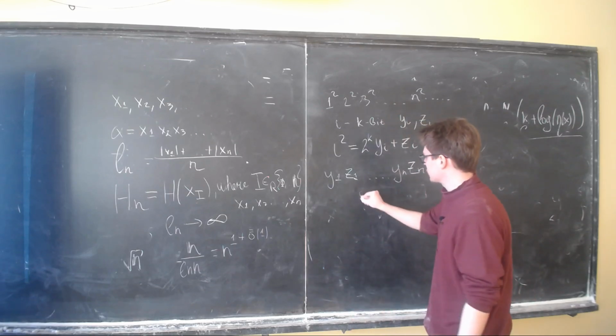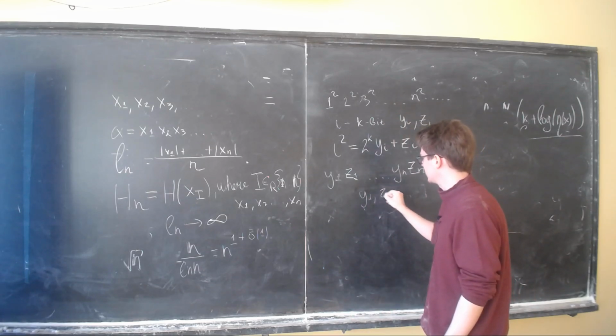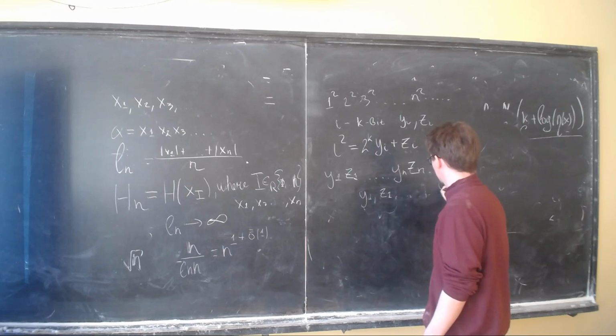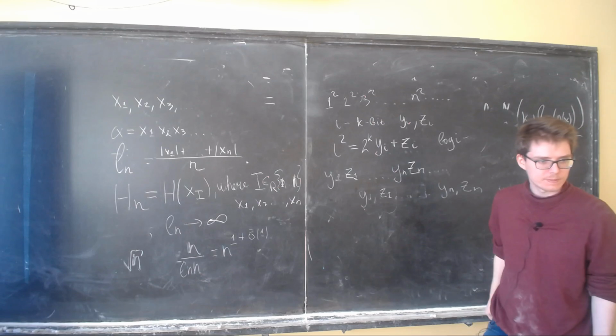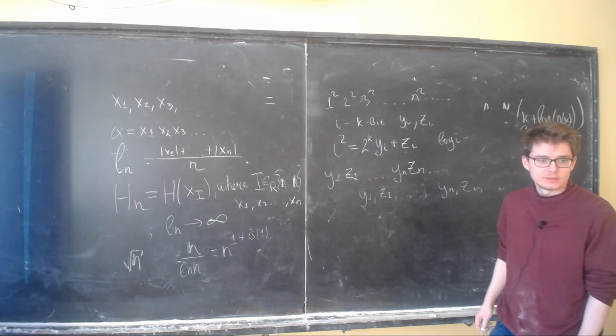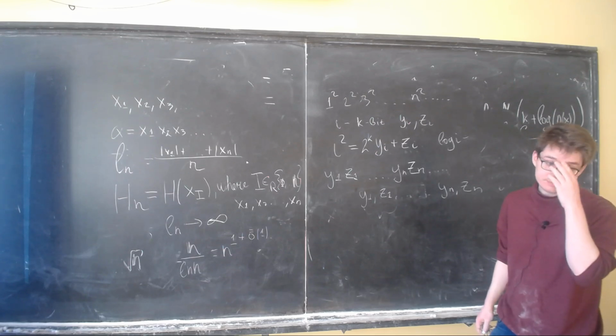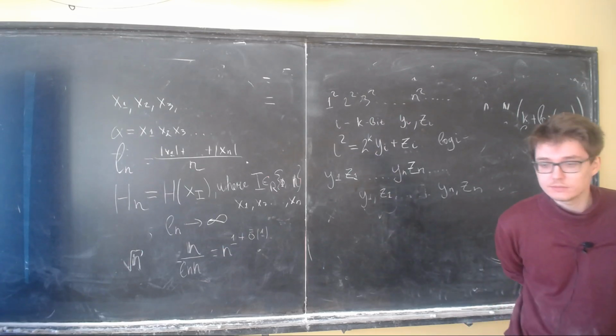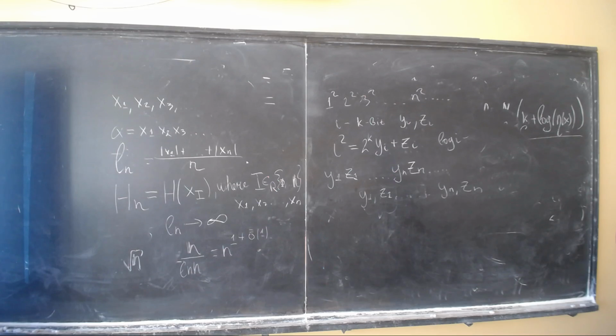So I have a sequence y1, z1 and so on, yn, zn, and I take a uniformly random one. H_n is defined as the entropy of x_i where i is chosen uniformly from numbers from 1 to 2n.